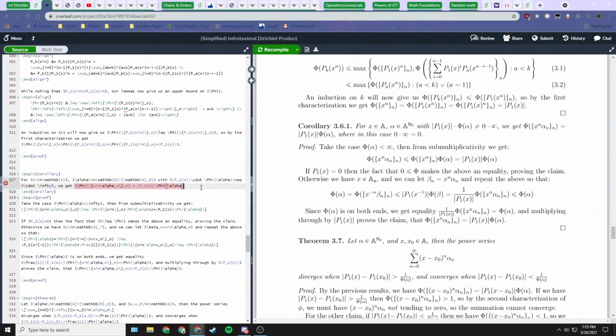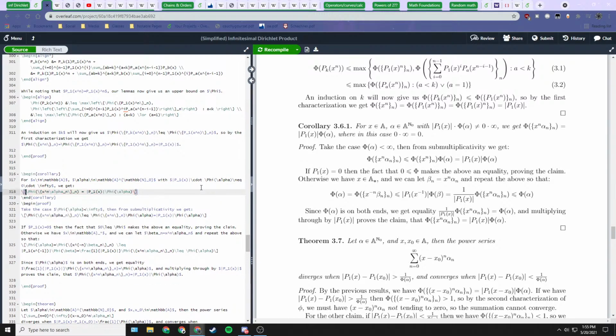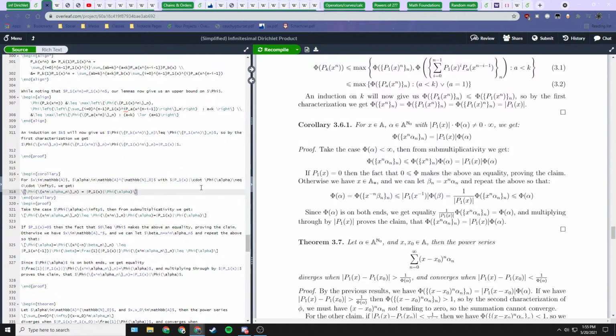Okay, I think this is going to be good. So what we've done is we've just replaced the conditions to handle the case where it might be infinite. We've just added the condition that the product is not in indeterminate form.